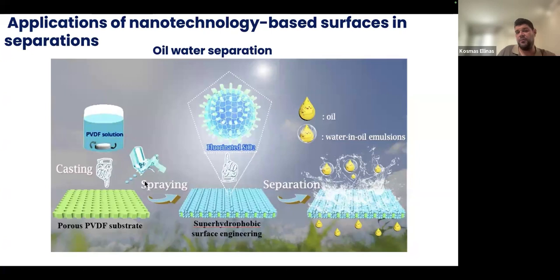And of course, we can also use this kind of membranes, or commercial membranes again, that are sprayed with some nanoparticles in order to separate water and oil emulsions. So have the oil separated from the water, or clean the seawater from spoilage.